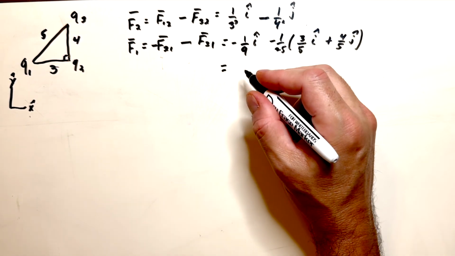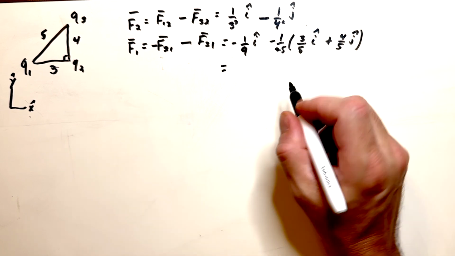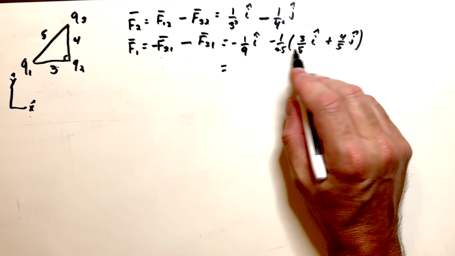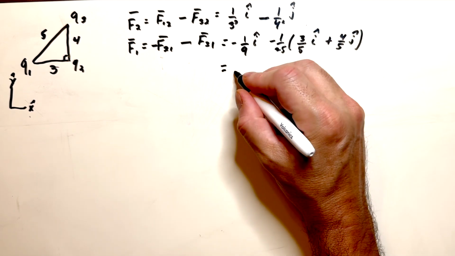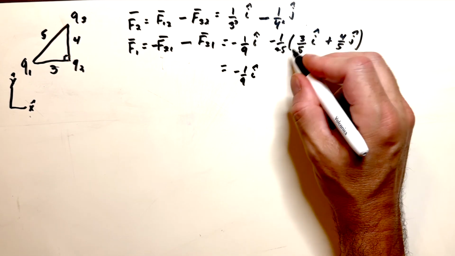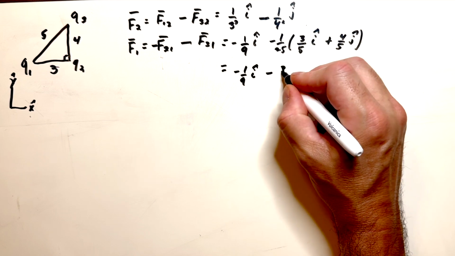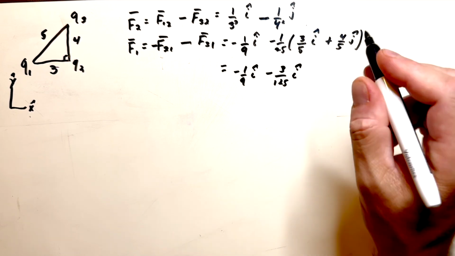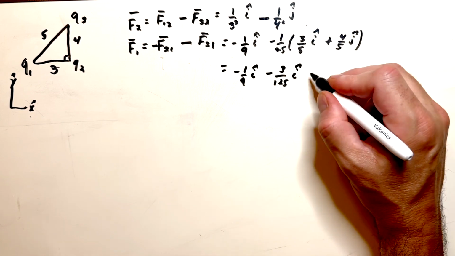Well, you can see that we're going to have the 1 over 9 and the minus 1 over 25 times 3, so let's just do it. It's minus 1 over 9 I minus 3 over 25 times 5 is 125 I. We're going to have to give these a common denominator.